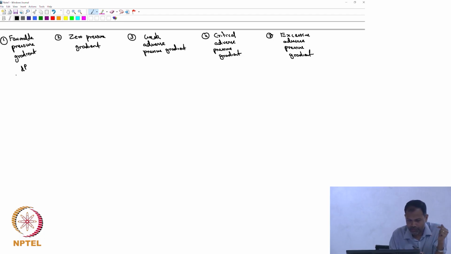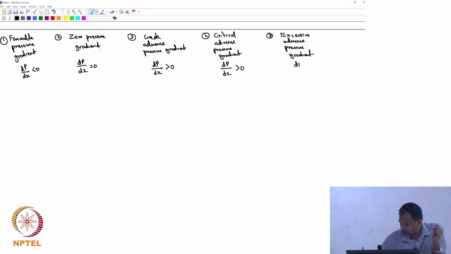So favorable pressure gradient has to be in the direction in which dP/dx is less than 0. This is dP/dx equal to 0, this is dP/dx greater than 0, this is dP/dx greater than 0, this is dP/dx greater than 0, and therefore du∞/dx should be greater than 0, du∞/dx is 0, du∞/dx is less than 0, du∞/dx is less than 0, du∞/dx is less than 0.